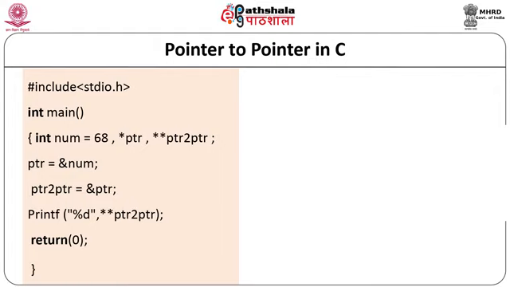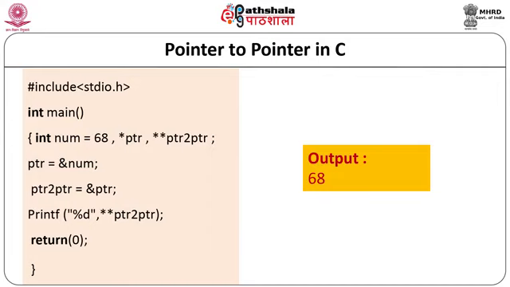If you run this program, what kind of output will you see? You are printing the pointer to pointer, that is the double pointer, and the result will be 68.